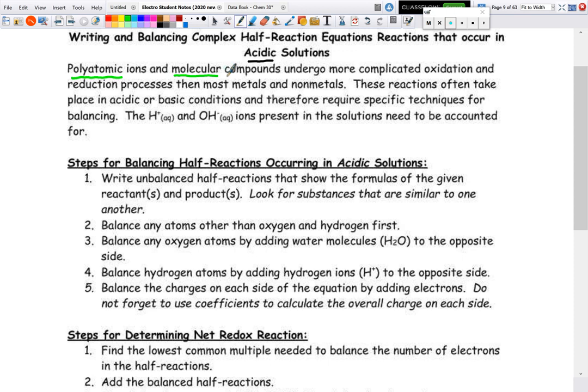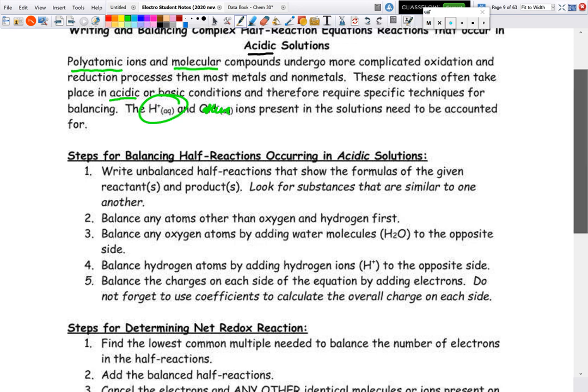So these undergo more complex half reactions than just the metals and nonmetals that we looked at last day from the single replacement reactions. These take place under acidic conditions, therefore they're going to require specific techniques for balancing. We don't really need to worry about the hydroxide ion, it's mostly the hydrogen ion that's present.